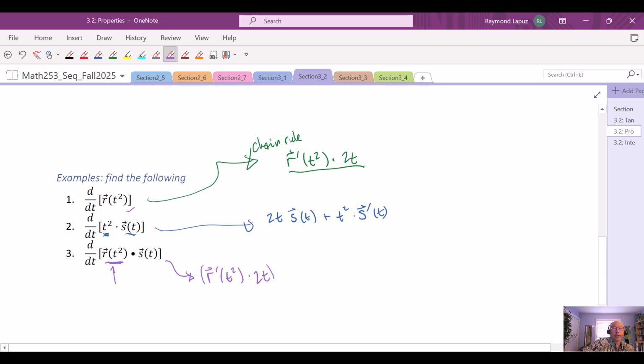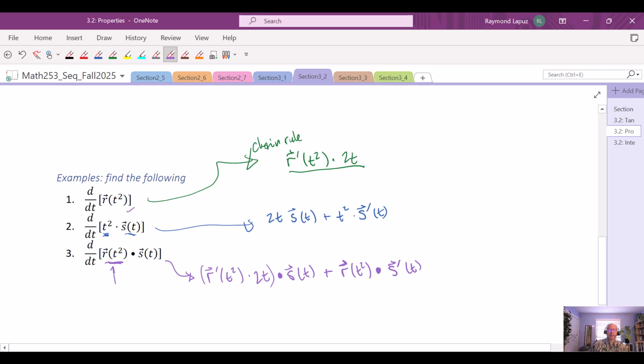It's a scalar multiplication, but the result ends up being a vector, and you dot that vector with s of t, the second function, plus r of t squared, the original function untouched, dotted with the derivative of the second function, s prime of t.